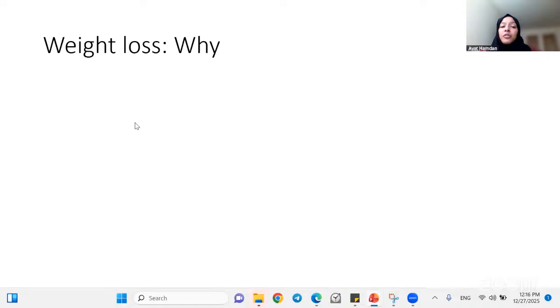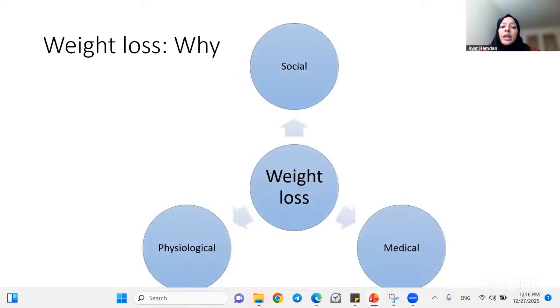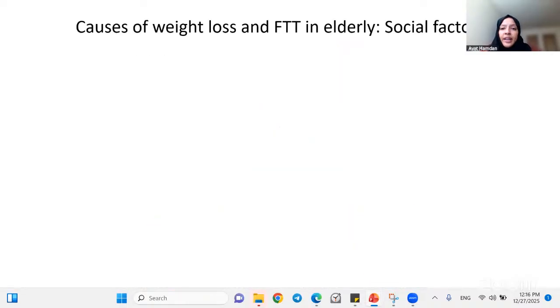And if we talk about weight loss, why are we concerned about weight loss in geriatric patients? It is mainly because they have certain situations that make them more vulnerable and more susceptible to weight loss. It can be mainly social factors, physiological factors, plus or minus medical factors. So what are the social factors?